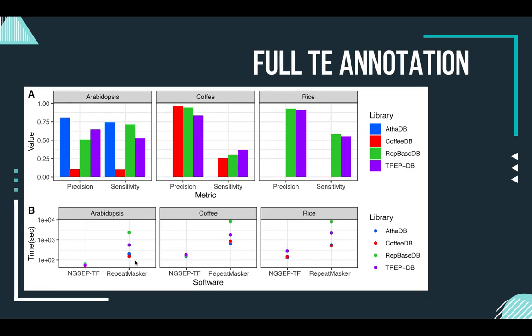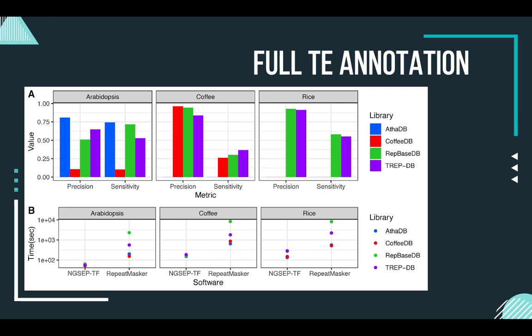We also performed the full transposable element annotation using different databases such as the Arabidopsis and coffee databases, RepBase, and the TREP database. And here we can see that if we choose a representative database, we can annotate our genomes with good precision and sensitivity.